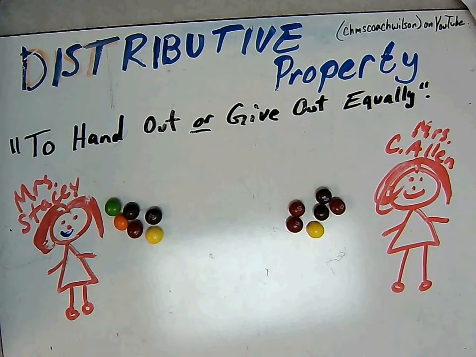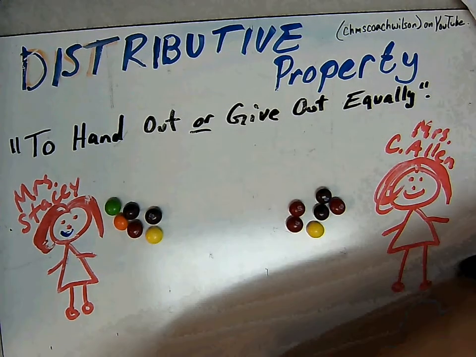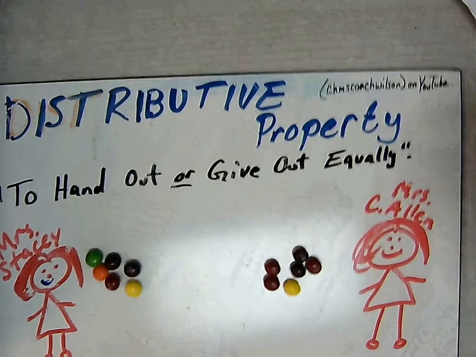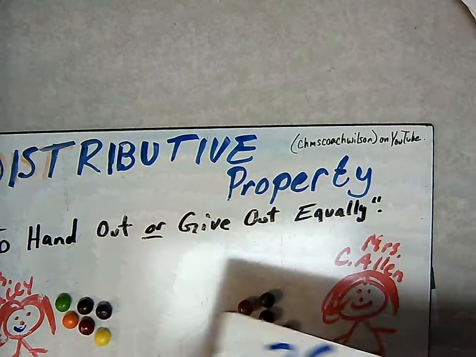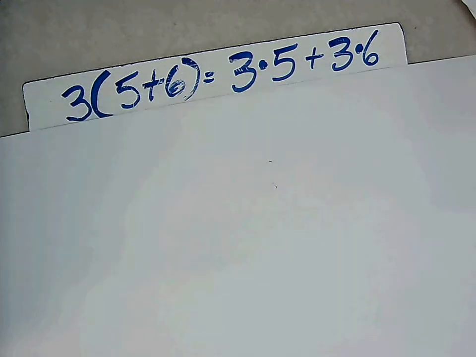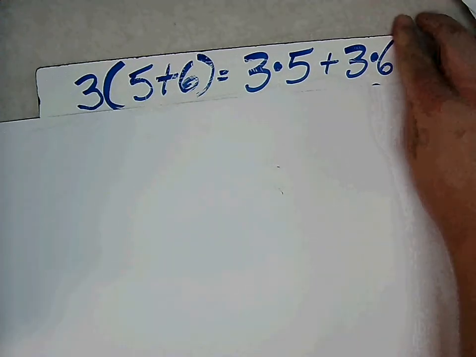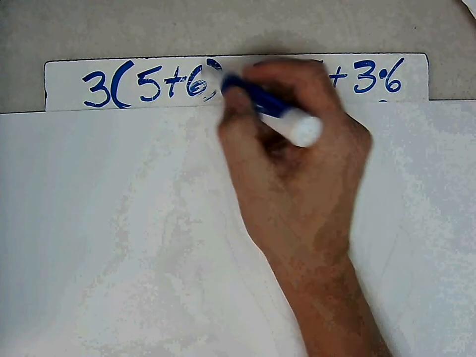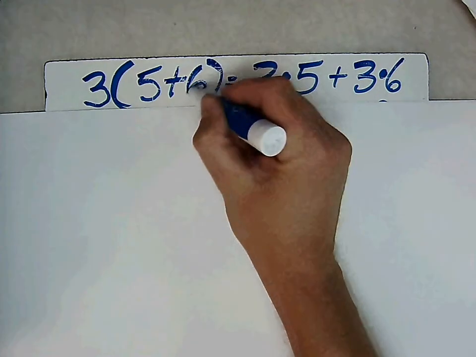So let's look at a couple of these examples. We've got the first problem: 3 times the sum of 5 and 6.